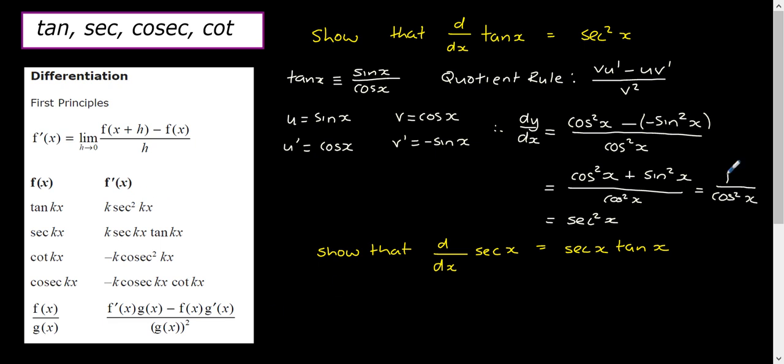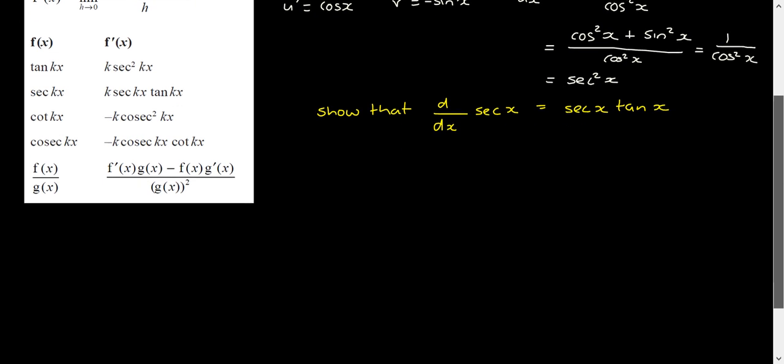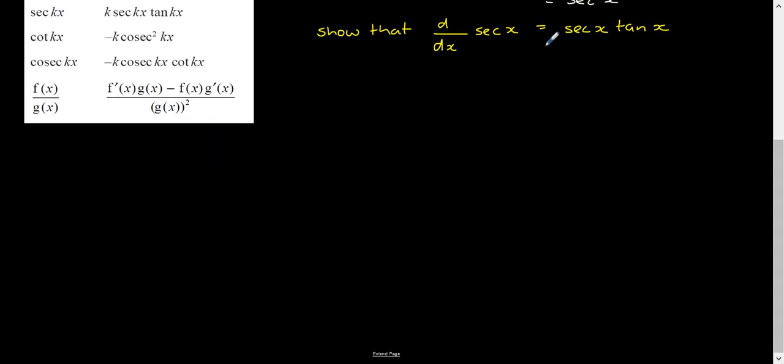Now, we're going to do exactly the same thing down here with sec x. Now we can see from the standard result, sec x differentiates to sec x tan x, and we're being asked to show that that's the case. And again, we're going to use the quotient rule, because sec x is, by definition, the reciprocal of cos x, 1 over cos x.